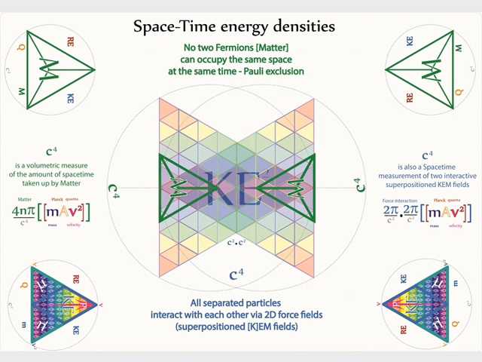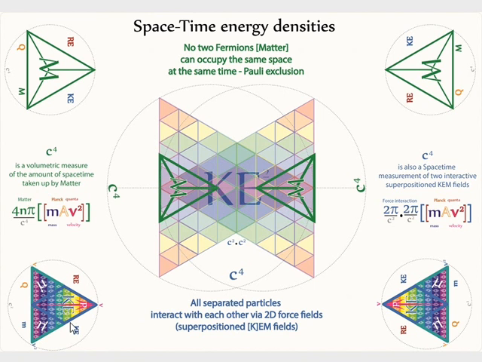It just so happens that measurements of matter, or the mass of matter, are done in c to the fourth as well. So by using the speed of light as a convenient basis for the geometry and the measurement of time, it can also be rationalized that superposition fields have the same units of time as volumetric measurements of mass matter.